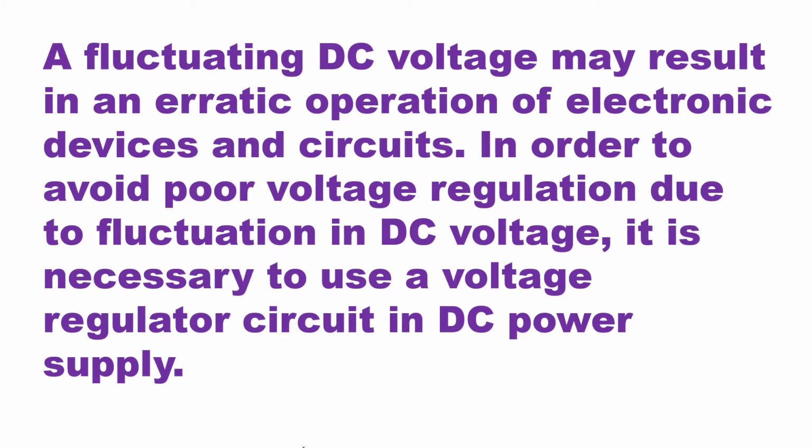If we want a constant DC voltage, we should not use a normal power supply. We should use a regulated power supply. That is why this topic is regulated power supply.